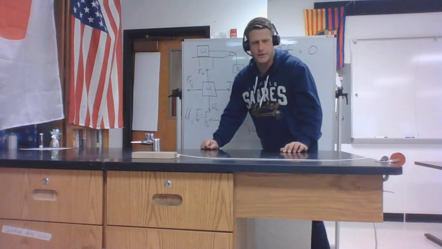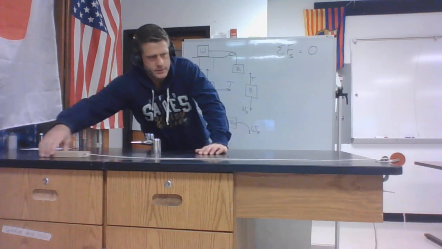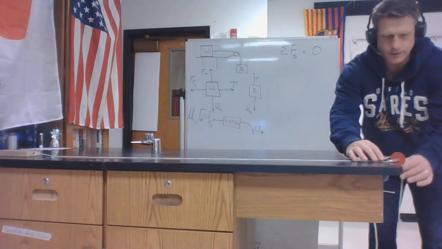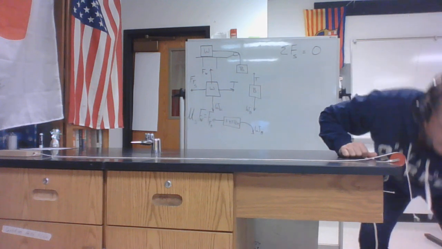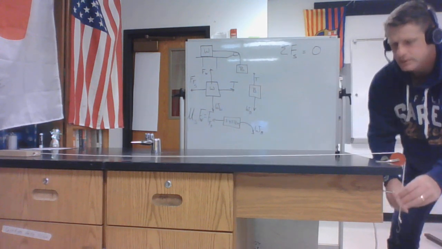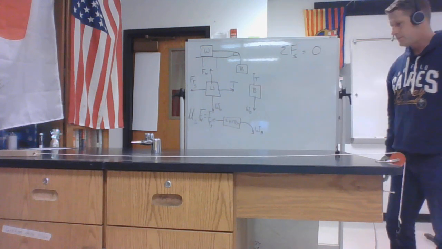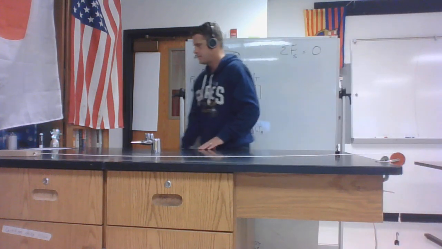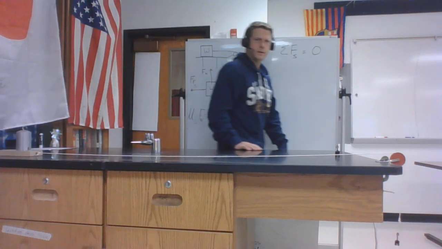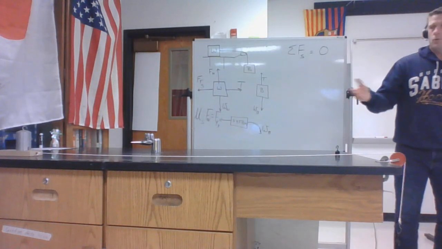Now, if I reset this, and hang my small black weight here, now we're in equilibrium. If I add that thing, we're still in equilibrium. Why?